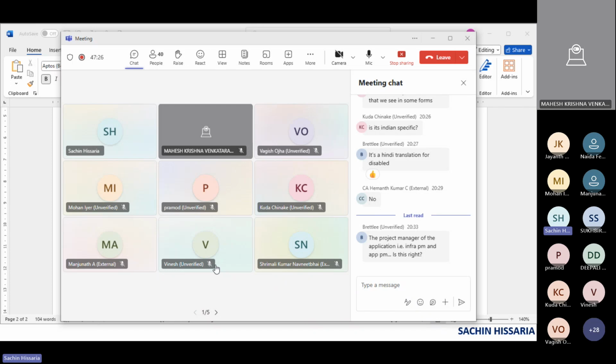So all the important clauses have to be included in the contract.